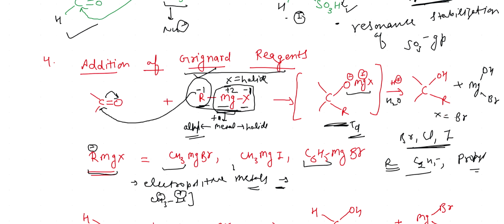As water molecules have H positive, OH negative, this O negative gets protonated, then OH negative will attach to Mg positive. Clear? Thus we get the byproduct MgBrOH.